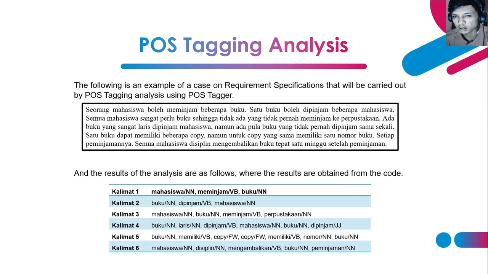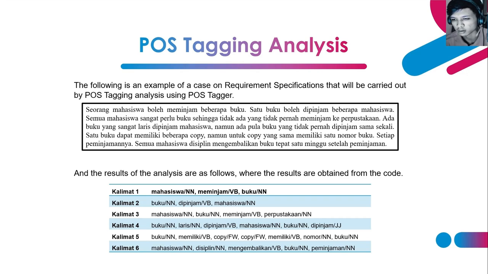The following is an example of a case on document specification that will be carried out by POS tagging analysis using a POS tagger. This is the example of the text. The results of the analysis are as follows, where the results are obtained by the code.